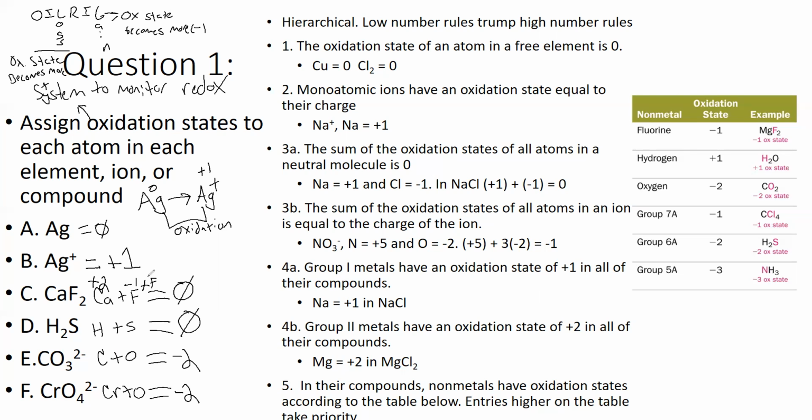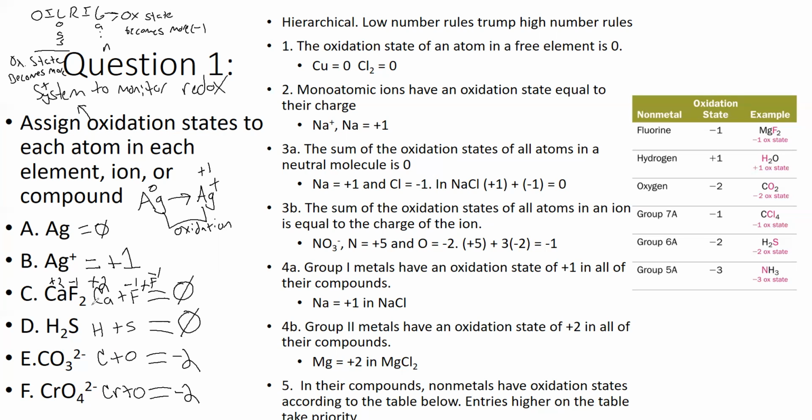So if I was going to write it, it would be calcium +2, fluorine -1, -1. You can see the math equals 0. +2 -1 -1 is 0. So all of our oxidation numbers add up together to equal 0.